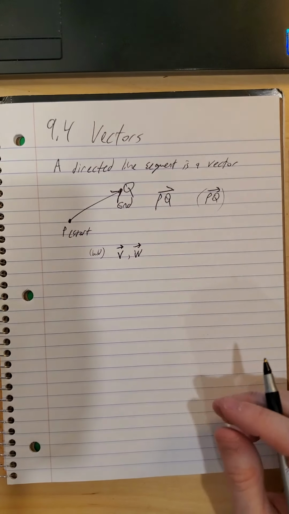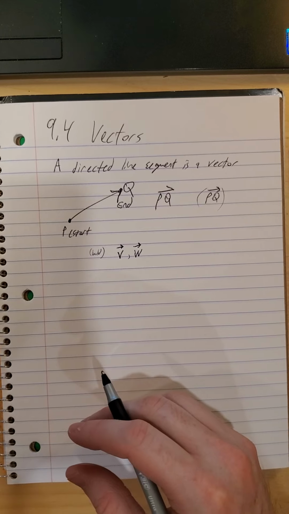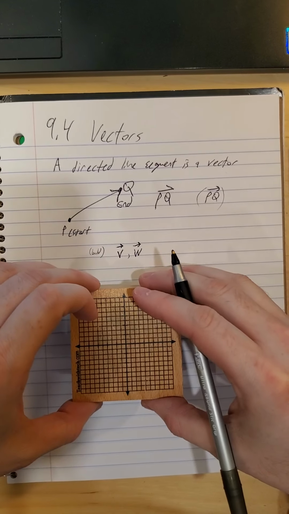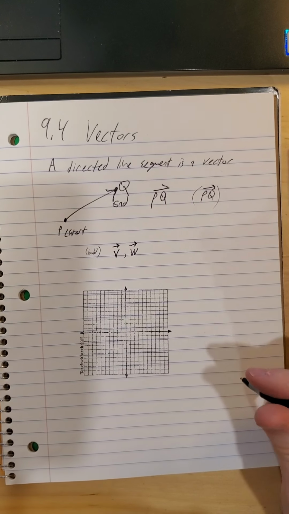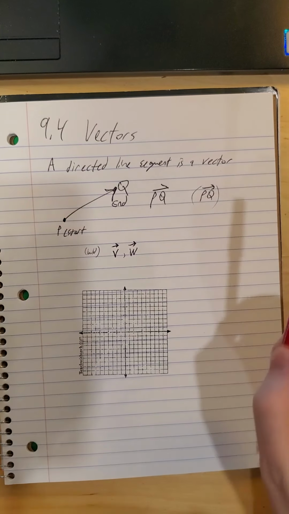So we'll start with the idea of performing operations on these vectors, and we'll start with the most basic of our operations, addition. I'm just putting the grid on here to make things a little easier to read.